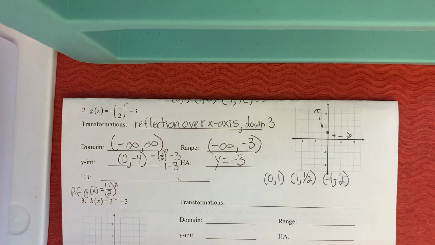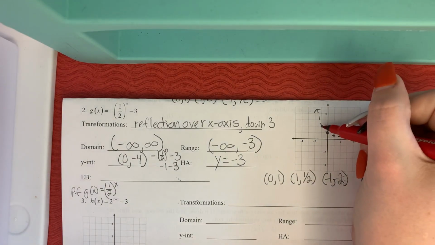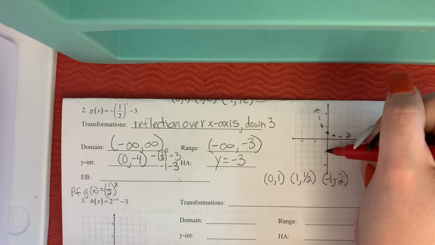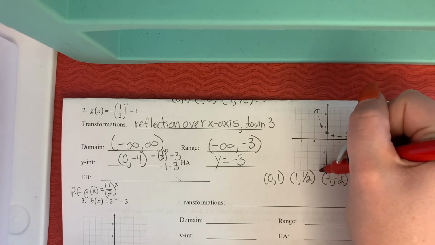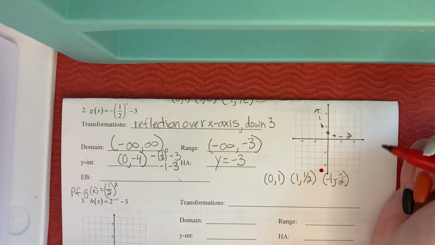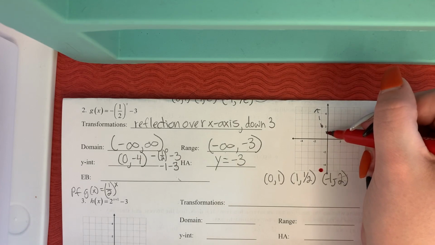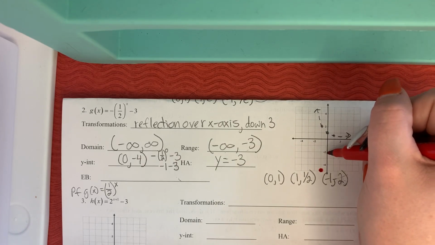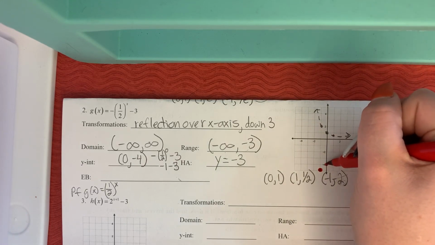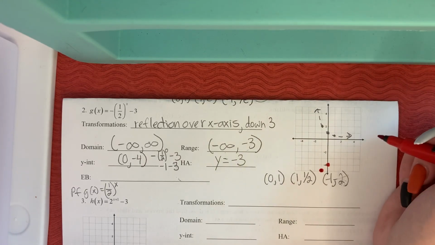And then I need to transform it to get that new graph. So I'll take that first point, so that -1, 2, I'll reflect it to get -1, -2, and then I'll shift it down 3 to get -1, -5. I'll take 0, 1, I'll reflect it to get 0, -1, and I'll shift that down 3 to get 0, -4.